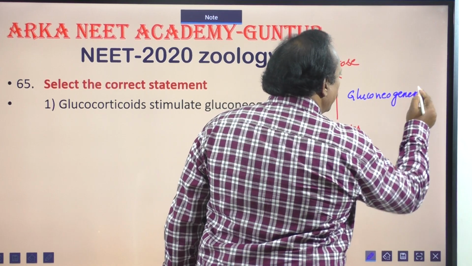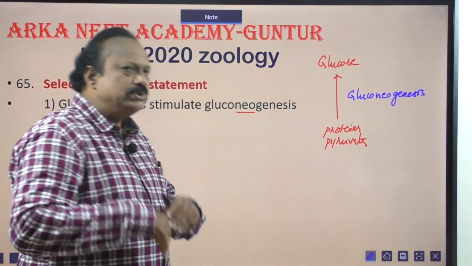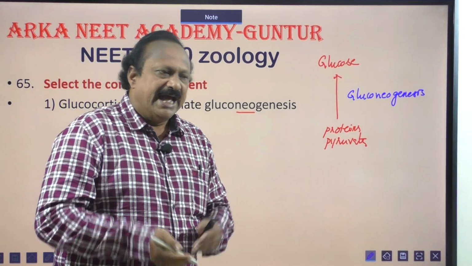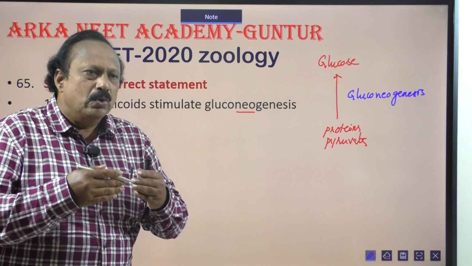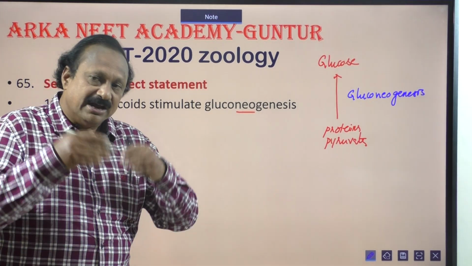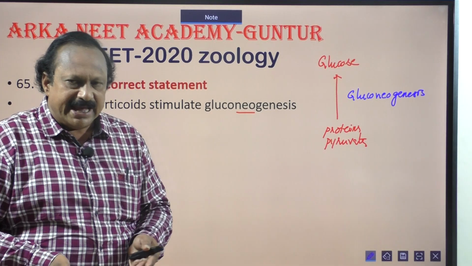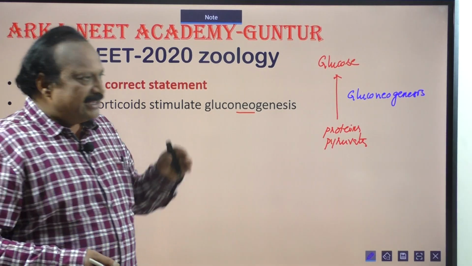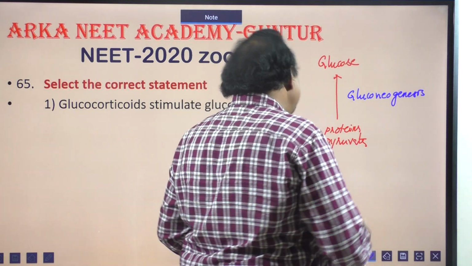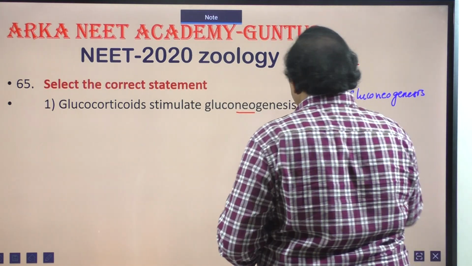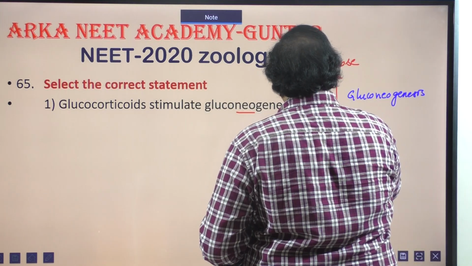Genesis means production. What is produced? Glucose is produced. As glucose is produced, this is called glucogenesis. But here, glucose is produced from non-carbohydrate sources like pyruvic acid or proteins. This reaction is influenced by the glucocorticoids. This is the cortisol.